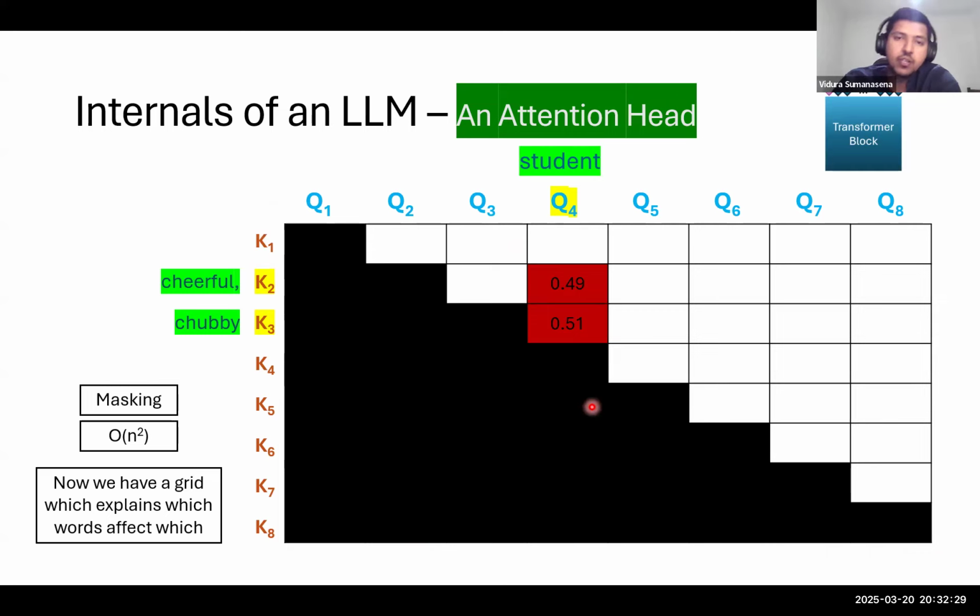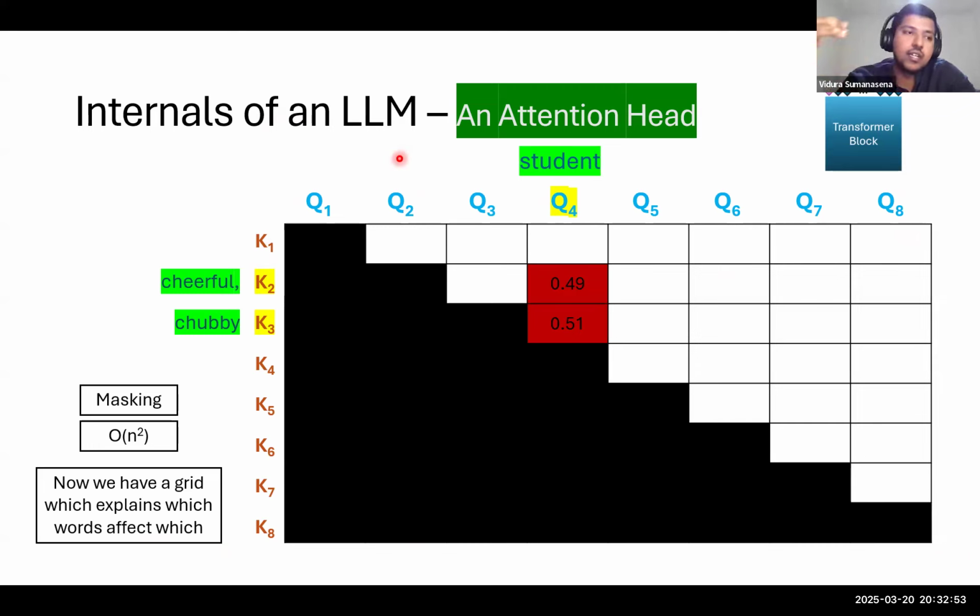We call this masking. This is where the complexity in large language models occurs, because you have n squared, where n is the size of the context window. In this case, 8. So if the input is 8, you have to compute a matrix of 64 in order to get the attention pattern.